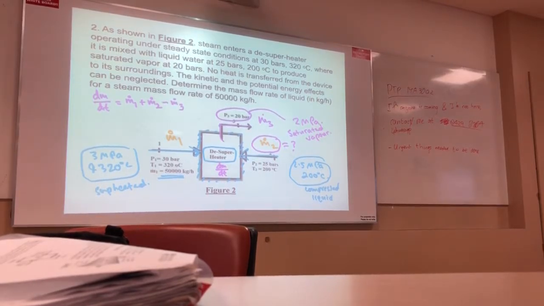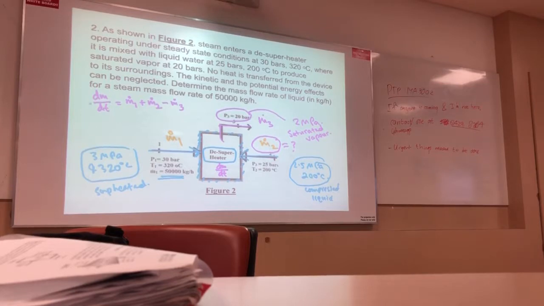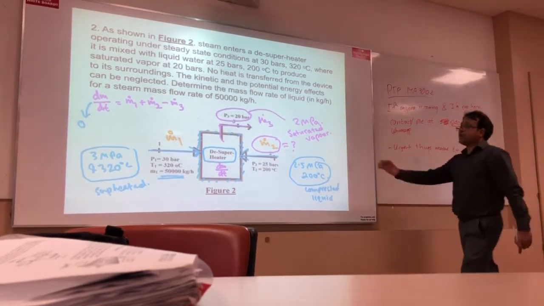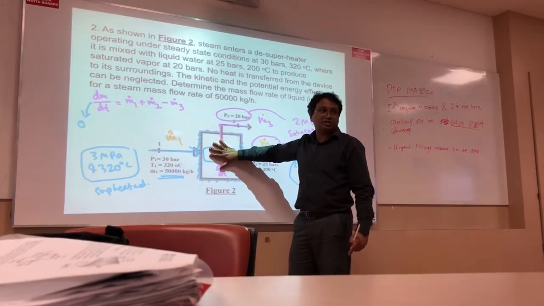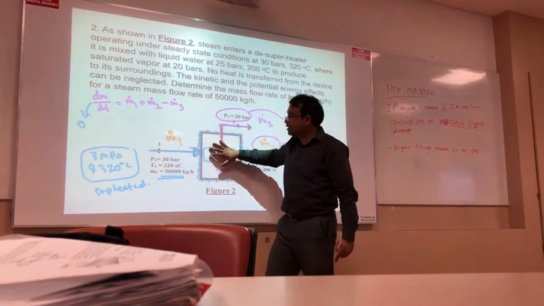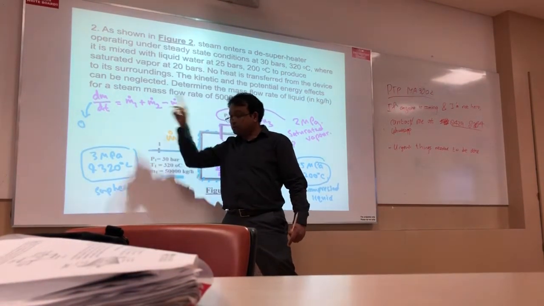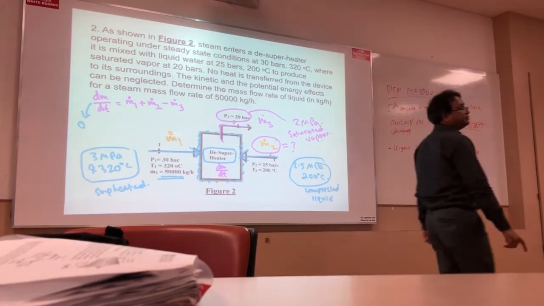For steady state, steady flow condition, dm/dt is equivalent to 0, because we assume the total amount of fluid in that system is fixed and doesn't change with time. So I can write ṁ1 plus ṁ2 is equivalent to ṁ3.